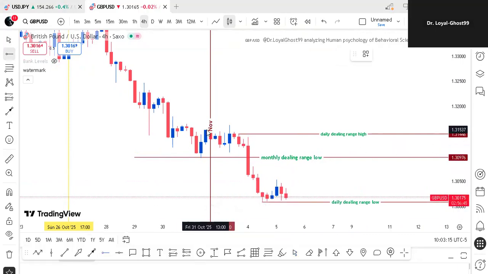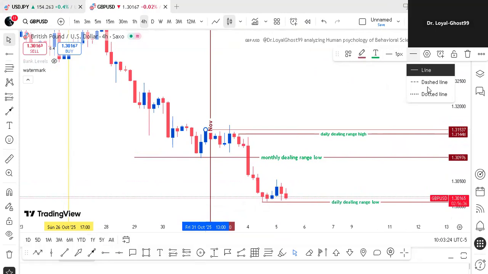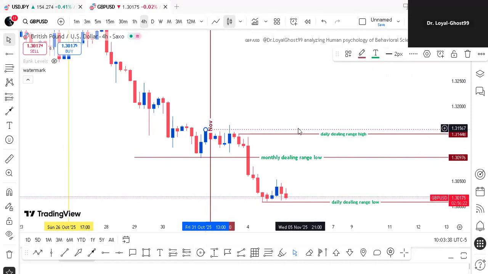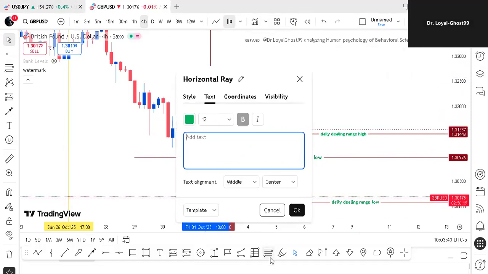This is October value price. That's the October value price, and that's November open.